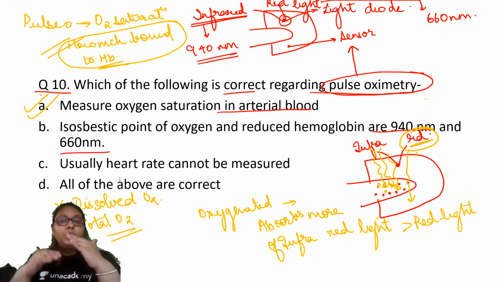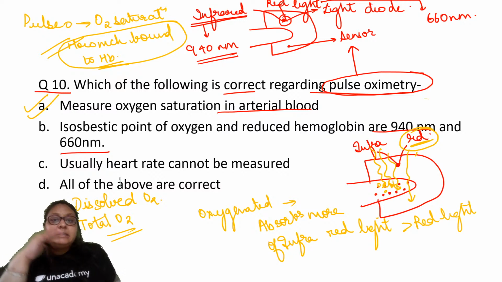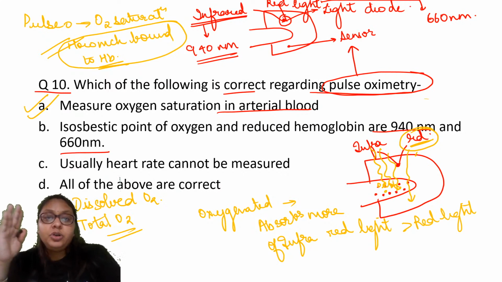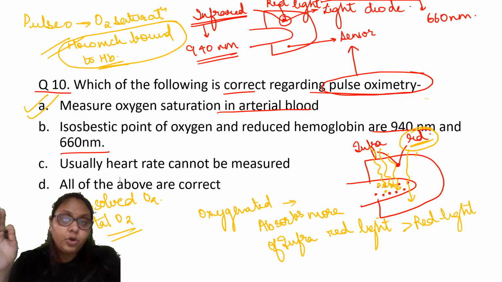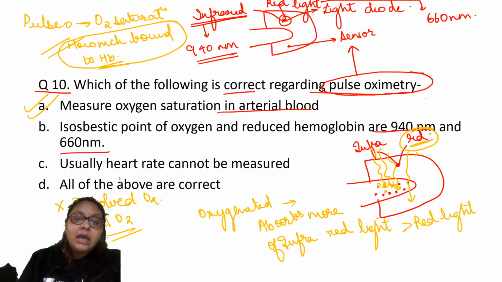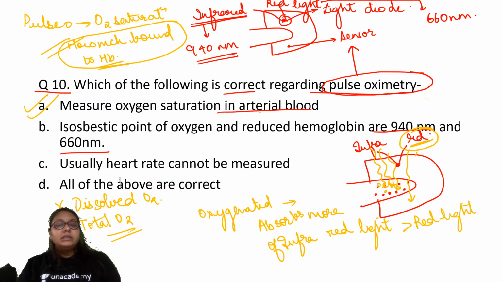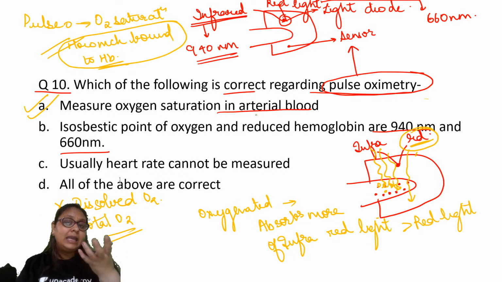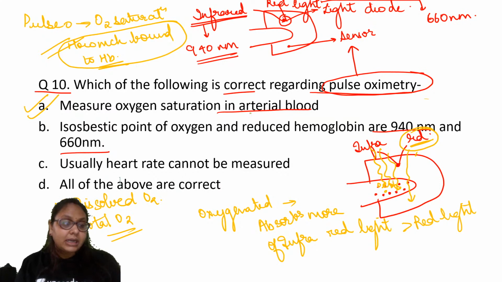It is able to detect the pulsatile flow, that is the change in the frequency of the light during the pulsatile flow, and therefore in the arterial blood, yes, it measures the oxygen saturation. That's why the oxygen saturation is less in cases of shock or whenever the vessels are constricted, because there is no pulsatile flow.